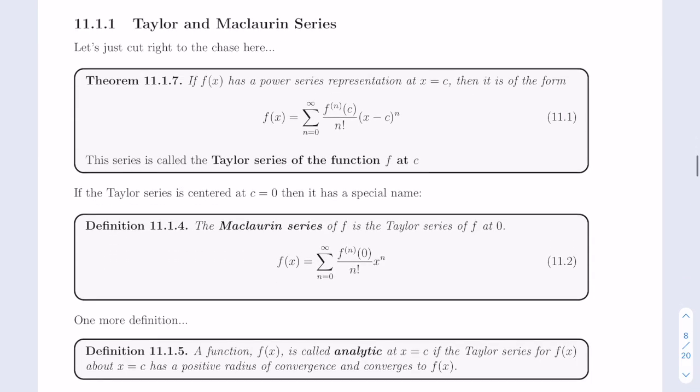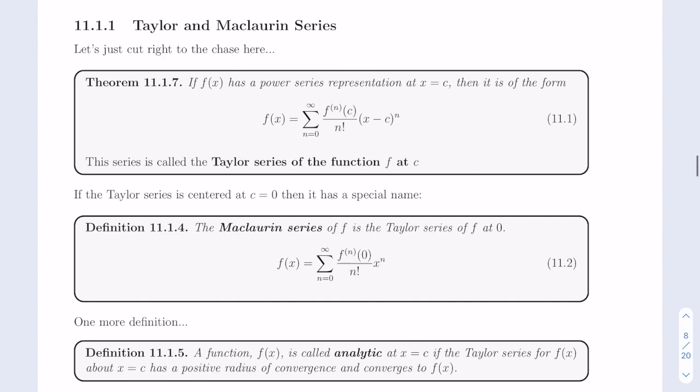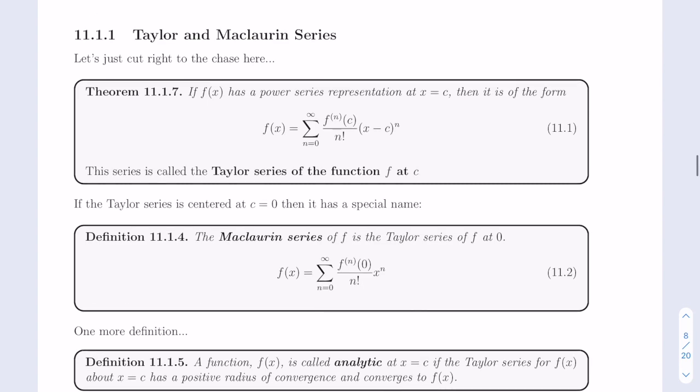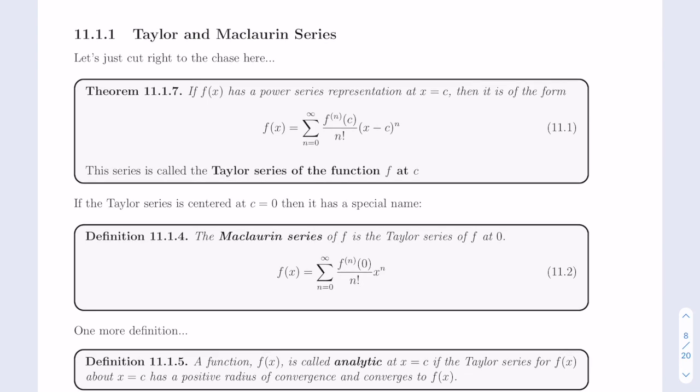As a final review thing here, some Taylor and Maclaurin series. So this is definitely some 5b stuff. I'm not going to go too far here. If f has a power series representation at x equals c, then it is of the form f of x equals the sum of the nth derivative at c divided by n factorial times (x minus c) to the n.